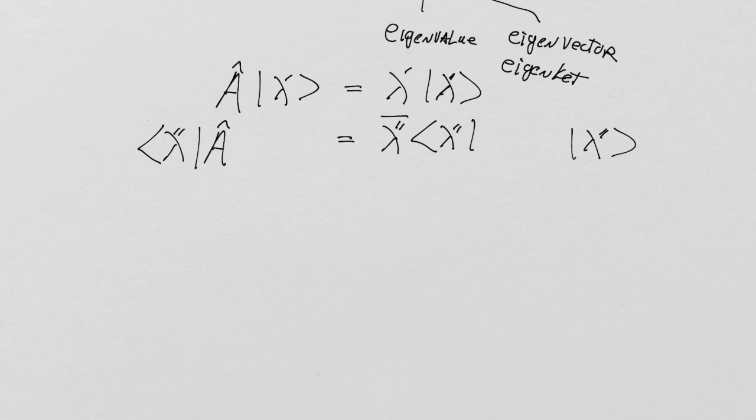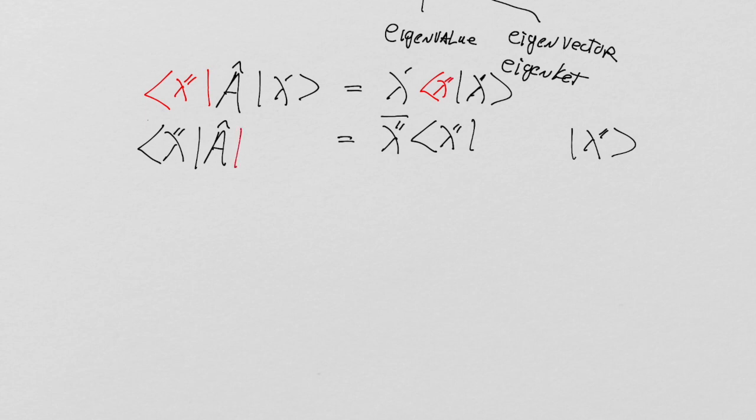The next step is to simply create inner products for both of these that yield the same numbers. I'll do this in red. In the ket equation, I'm going to take the inner product with the eigenket lambda double prime on both sides, so I'll move this over a little bit and squeeze that in, lambda double prime like that.